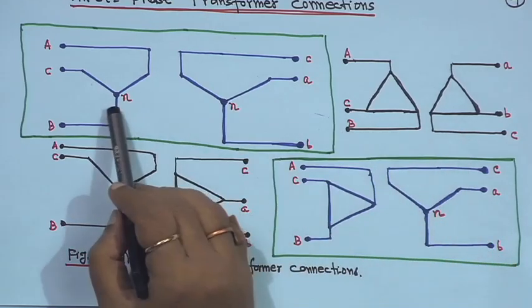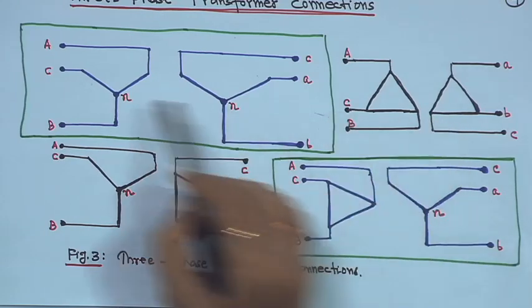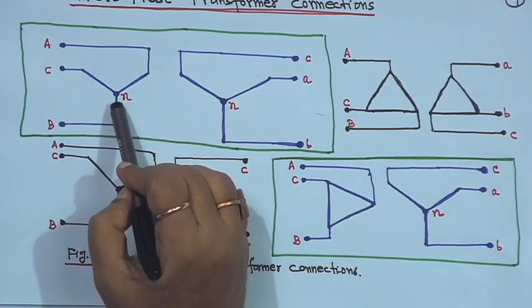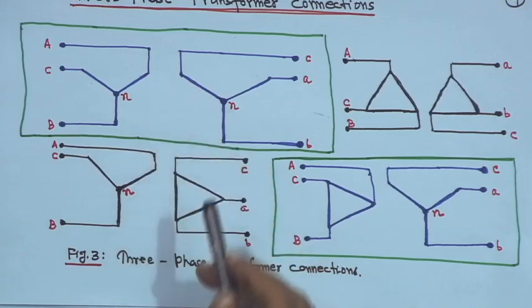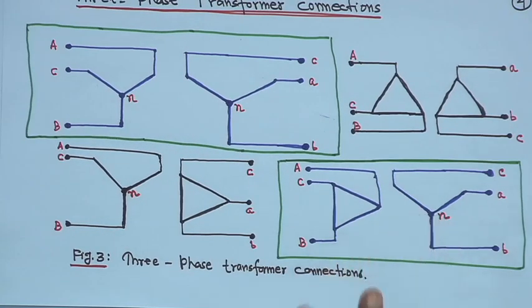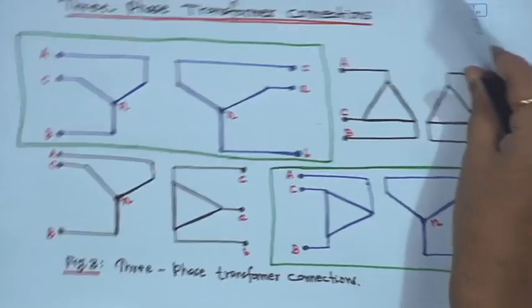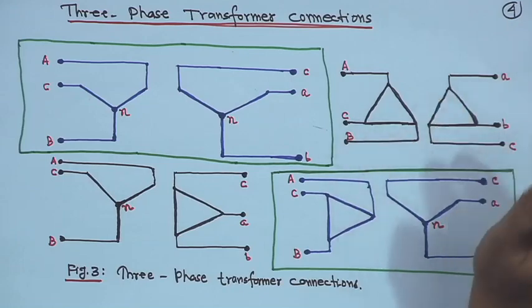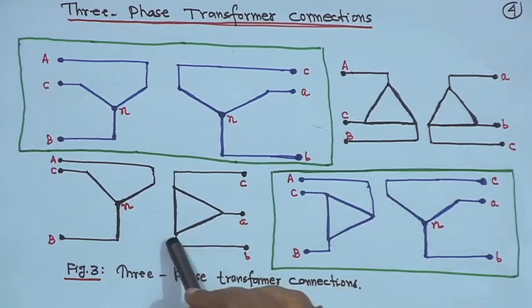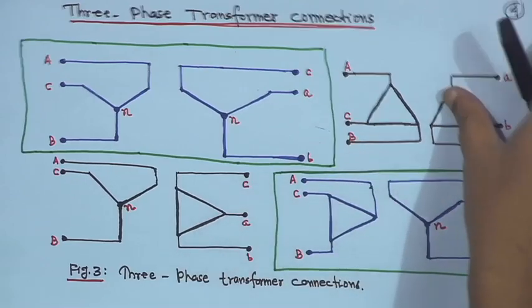In the delta case, line voltage and phase voltage are the same, whereas in the star case, line voltage is equal to root 3 times the phase voltage. Then there are star delta and delta star. Altogether 4 such combinations are there, mostly used are these 2, and the other 2, why not, we will come to that.